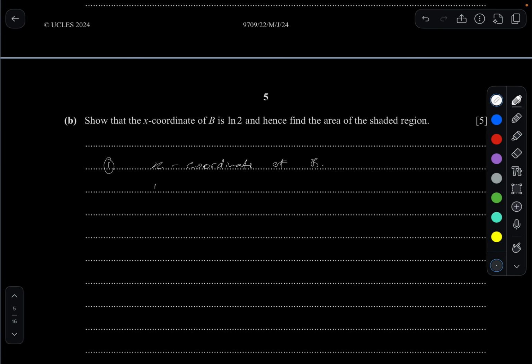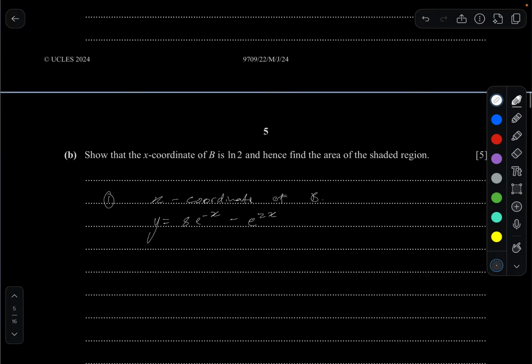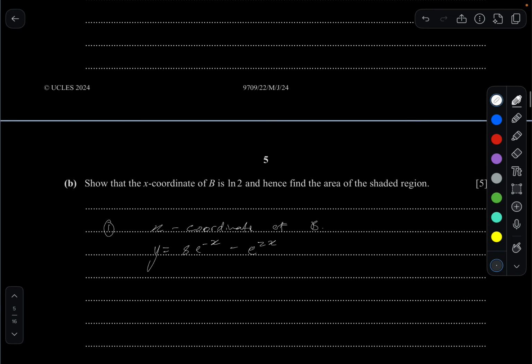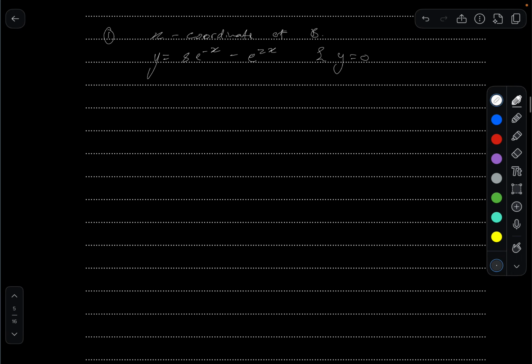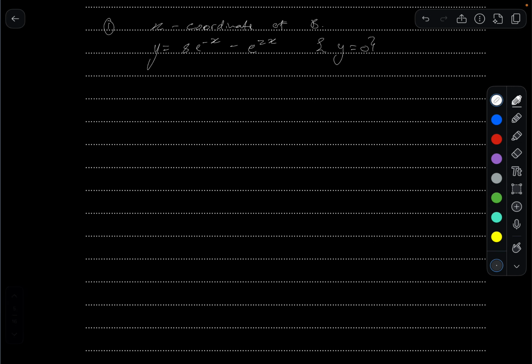So if you say y equates to 8 e to the power of negative x minus 2, not 2, sorry, e to the power of 2x. I think that was the equation, okay? Now, we know that y equates to 0 here, and we need to solve this equation.